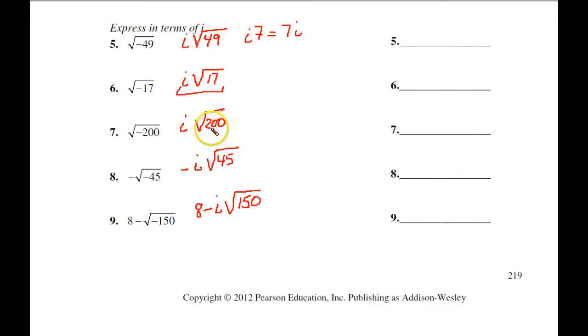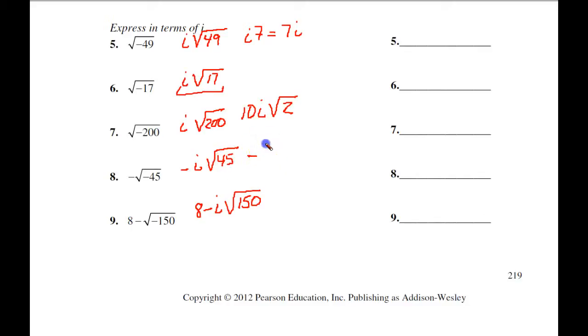You recall we did 200 before, which was 10 the square root of 2. But now we have to stick the i in there. And this one is going to be negative. Now this is 9 times 5.